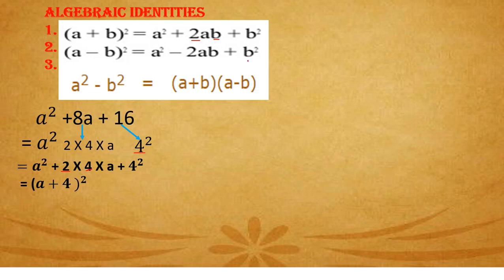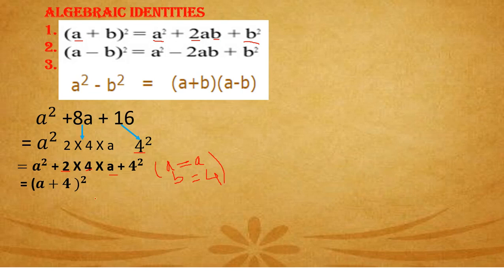This 4 becomes the b square, and a is the first term here. So by comparing with the standard identity a square plus 2ab plus b square, we get a as a in the given expression, and the value of b is equal to 4.